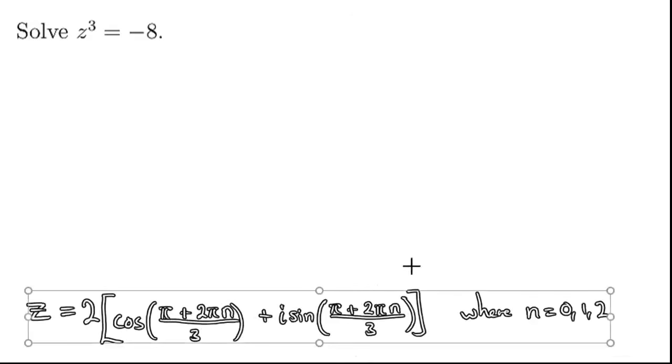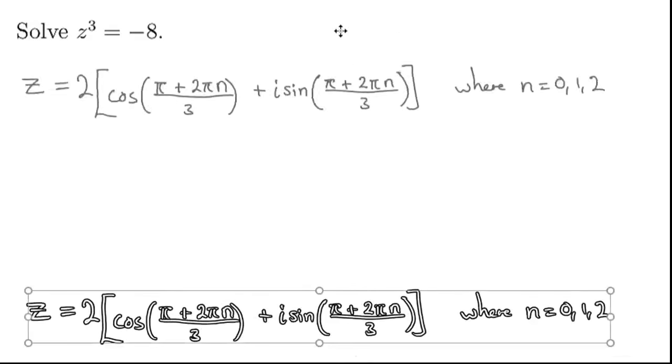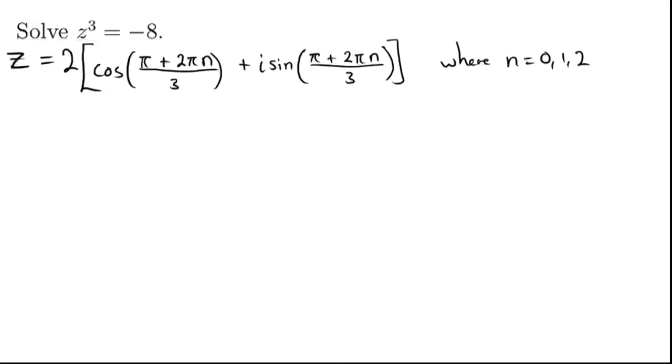So let's bring this up here. Our first task is to find z1. Now this is for n equals 0. So replace n with 0. Let's see what we get. So z1 will be equal to 2 open bracket cos.